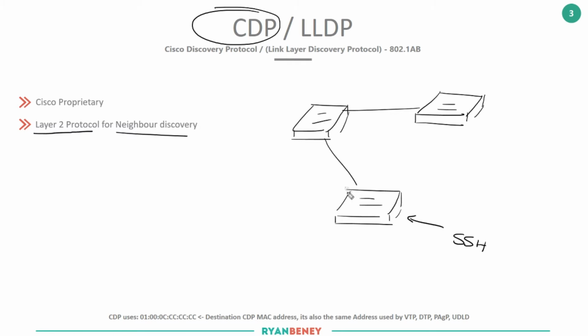You then look at the CDP neighbors, what will happen is this switch will actually identify that there's another Cisco switch connected upstream.